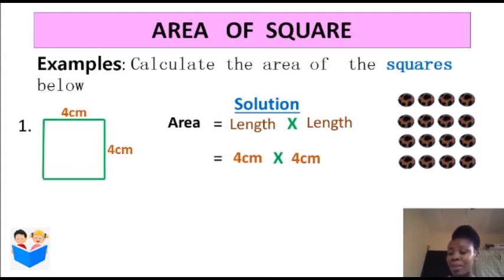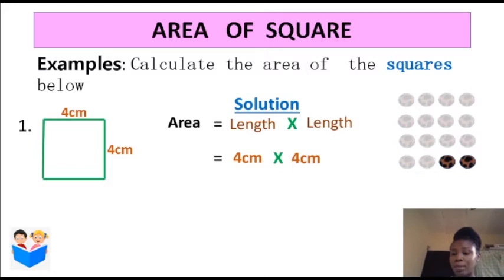Now to get our answer, we have to count all the balls together. 1, 2, 3, 4, 5, 6, 7, 8, 9, 10, 11, 12, 13, 14, 15, 16. We have 16 balls altogether.